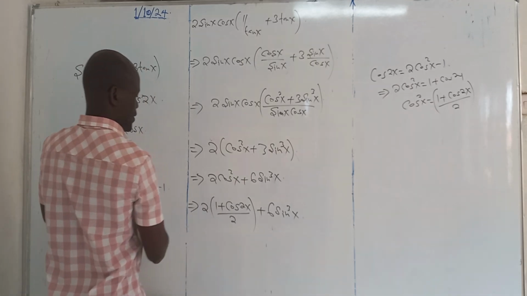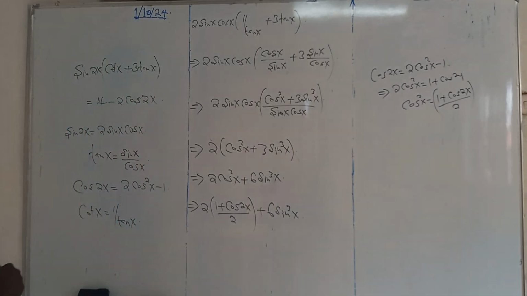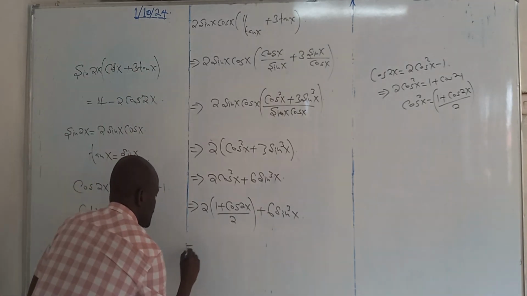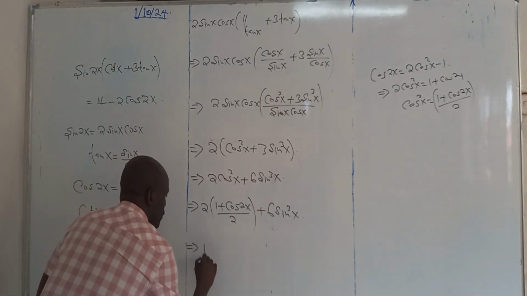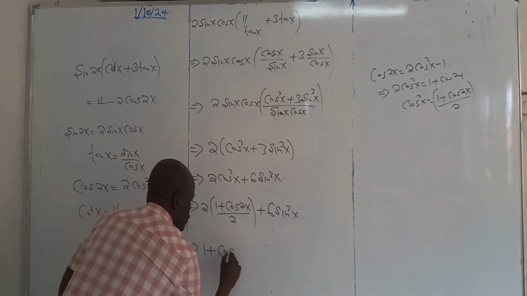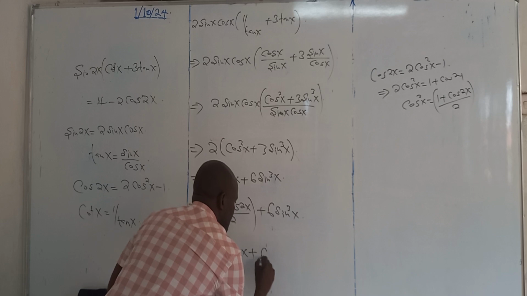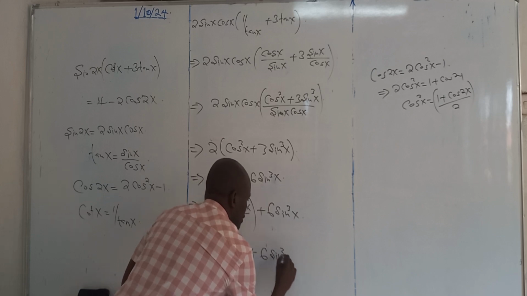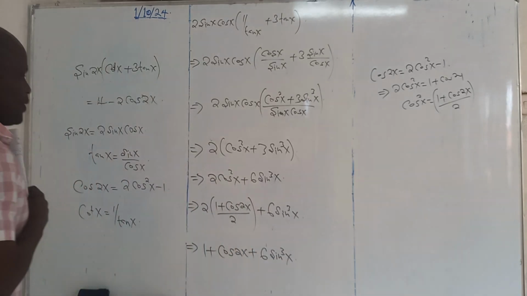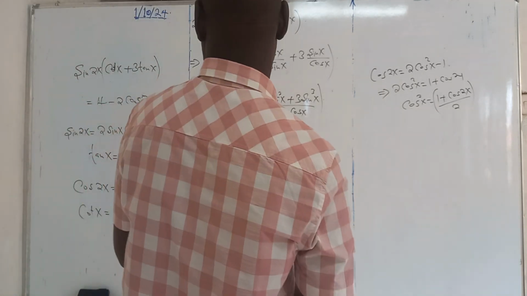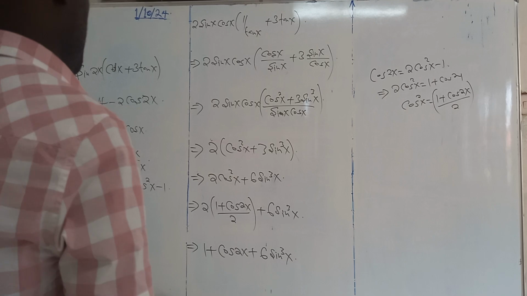This will cancel this, and so I end up with 1 plus cos 2x plus 6 sin cubed x.